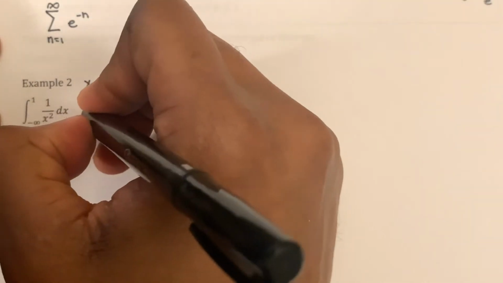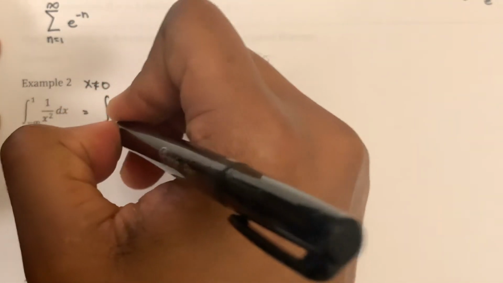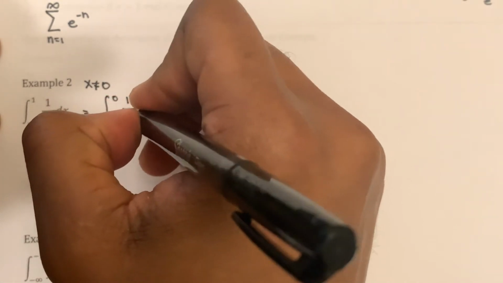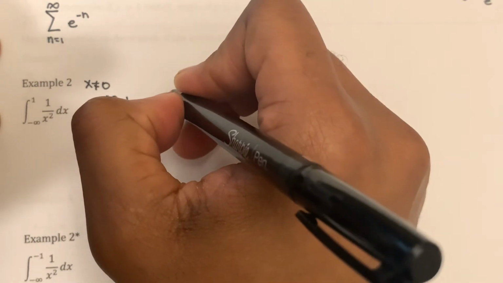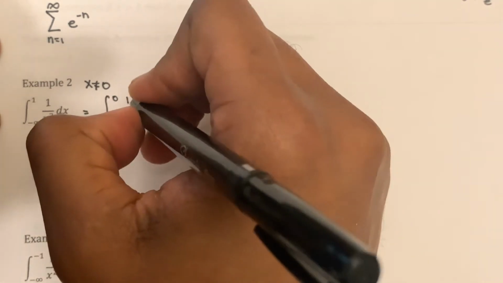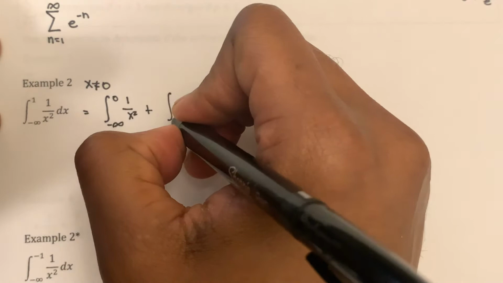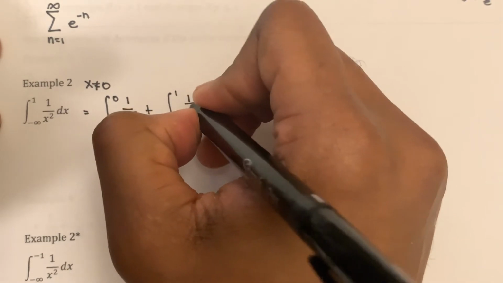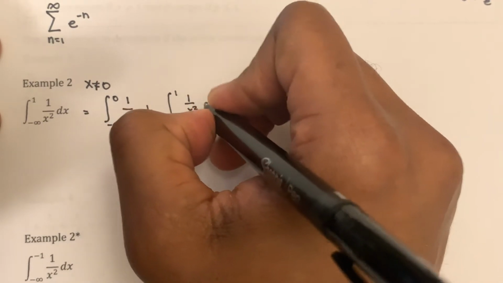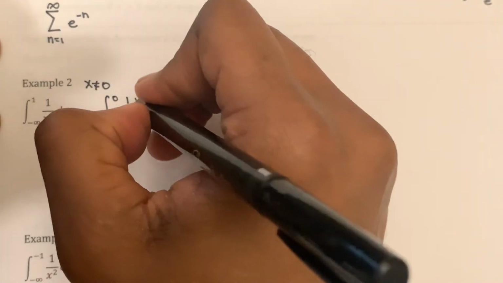So what we're going to do is rewrite this as the integral from negative infinity to 0 of 1 over x squared plus the integral from 0 to 1 of 1 over x squared. I forgot the dx, but it's not terribly important. Now we will put in a dx. You know what? Just slide it in right here.